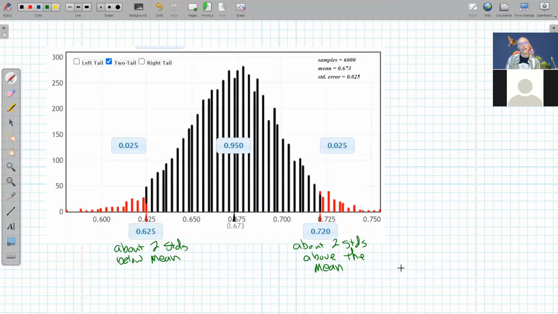This idea of counting standard deviations is called a z-score. We talked about that way back. So counting standard deviations is a z-score.